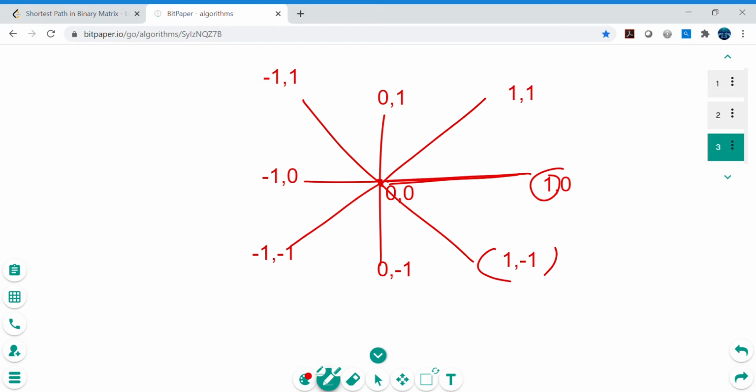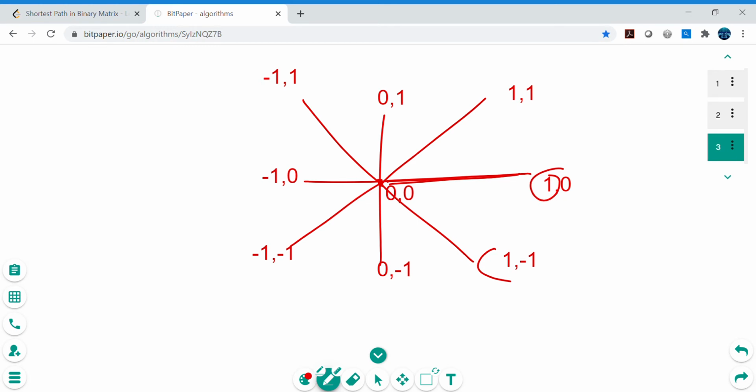Another minor observation is that here it is 1 1, then the opposite will be -1 -1, and if it is -1 1 here, then the opposite will be 1 -1, so they are just opposite in sign. If one is positive, then the other will be negative. If both are positive, then both will be negative. Similarly here as well, if it is 1 0, this will be -1 0.